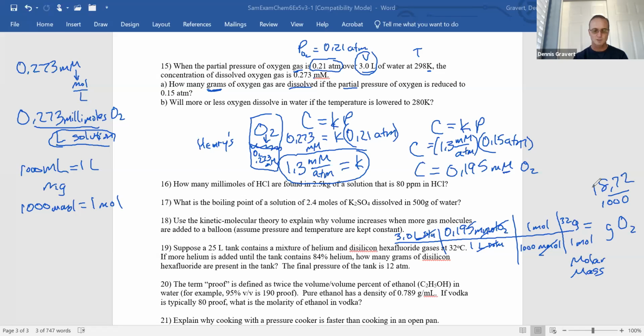So I divide these two, and the number of grams, that's what I want, is 0.0. How many sig figs should I get? I think I got 3.0. There's only 2 sig figs, so let's just carry 2. Looks like 19 grams of oxygen gas.